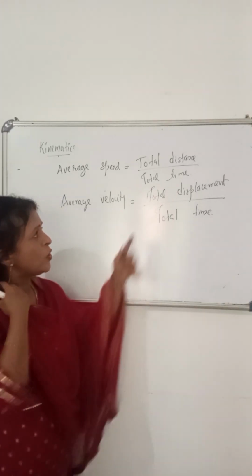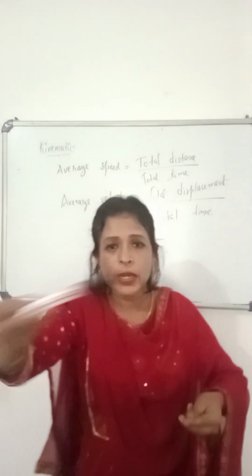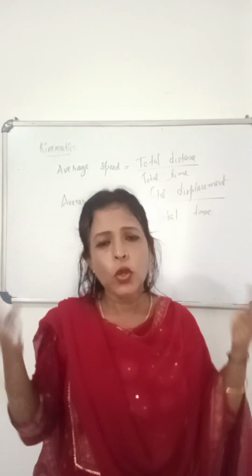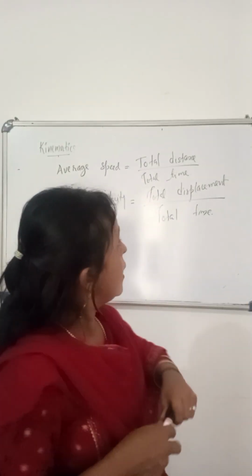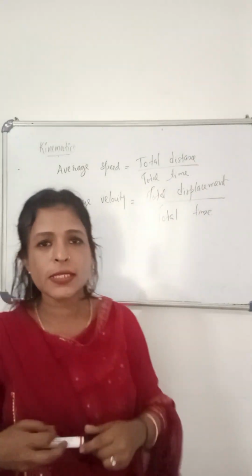You know that if the total displacement is equal to 0 for the whole round from A to B, B to A, then the average velocity is also equal to 0.